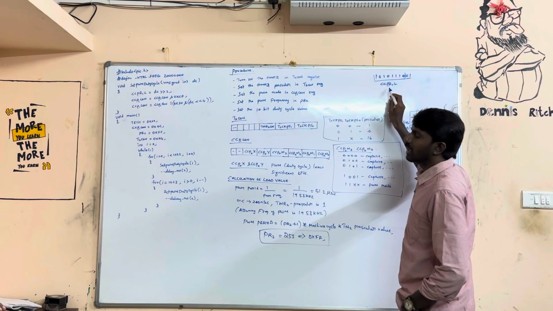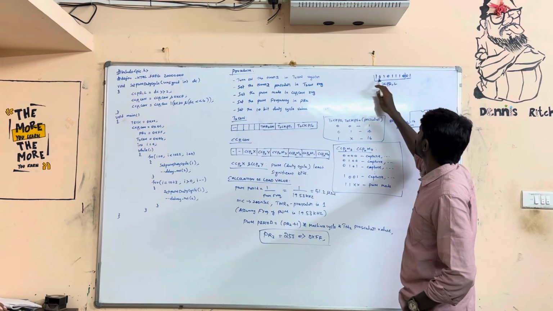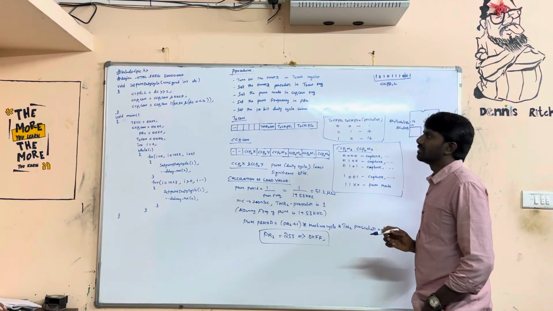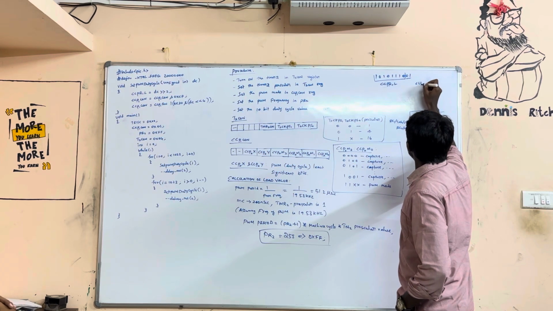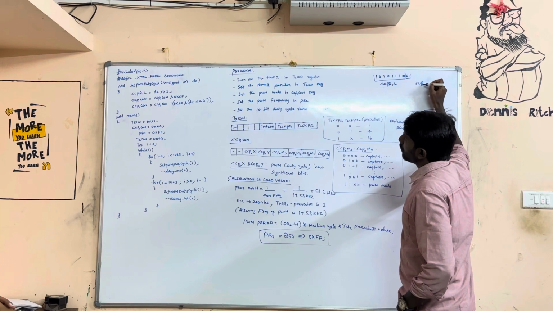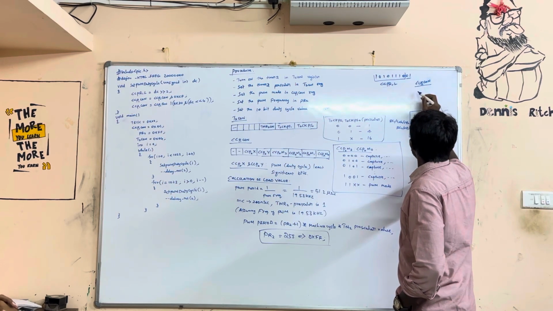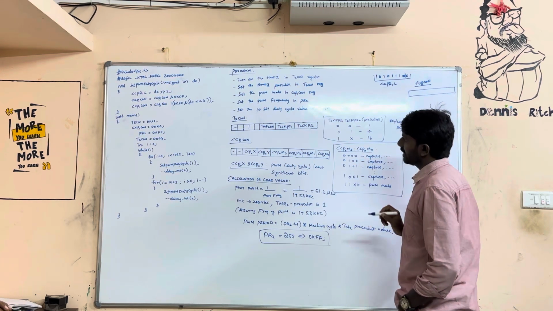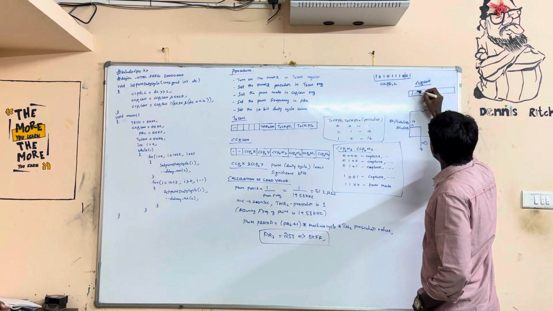So this CCPR1L register completely, the upper 8 bits, I mean from 3rd bit to 10th bit, will be stored in this CCPR1L. And these 2 bits will be stored in the CCP1CON register. In this, again, you have 8 bits now.